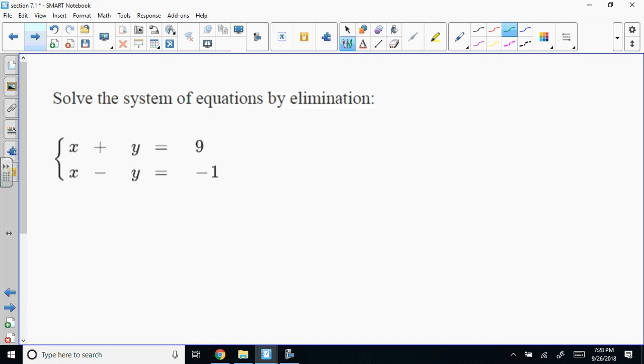All right. So you really have a fork in the road. I said I always try to attack my x's, right? So if I'm going after the x's, I'm going to have to multiply one of them by -1, right? But before you do anything to your x's, always check to see if your y's are the same number but opposite signs.